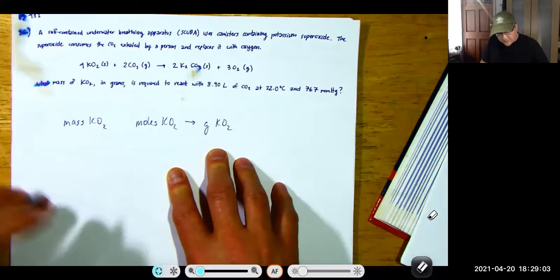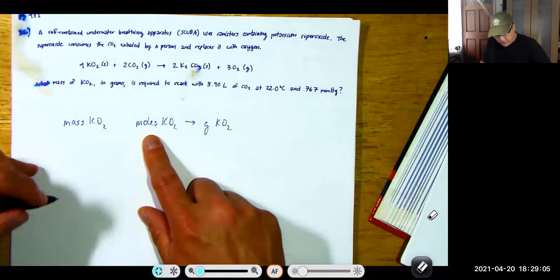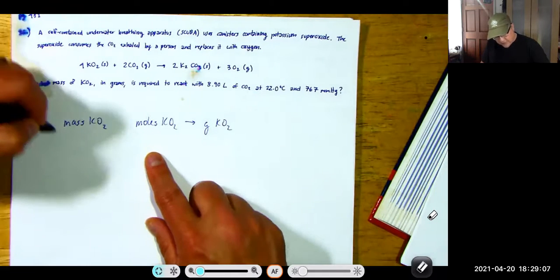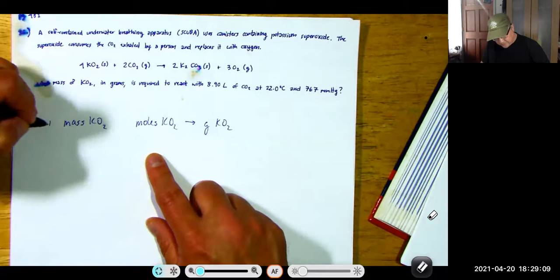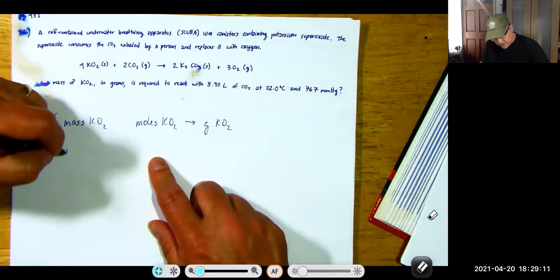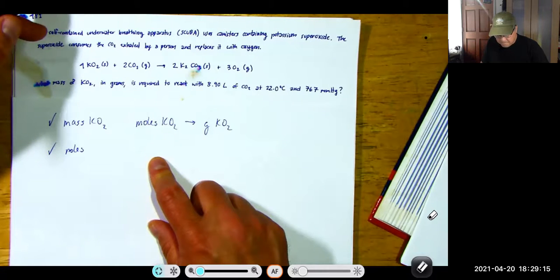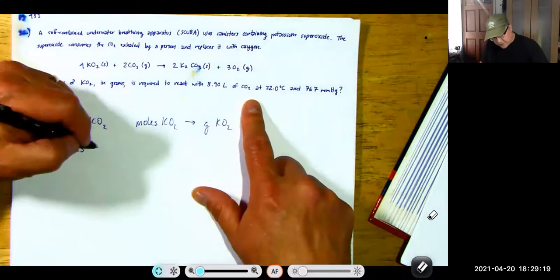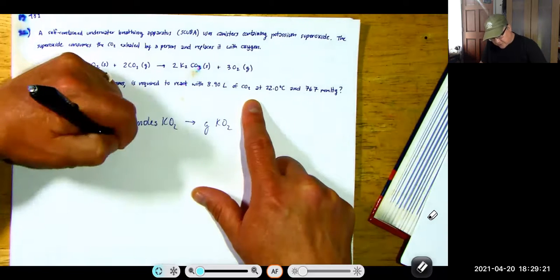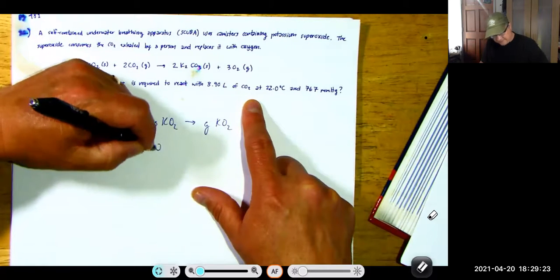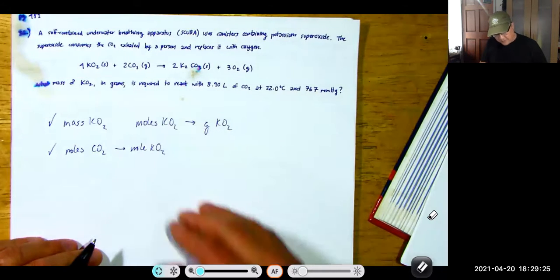But to get the moles of potassium superoxide, we're going to take the moles of CO2 and convert that into moles of potassium superoxide. I'm kind of doing this backwards, if you will.